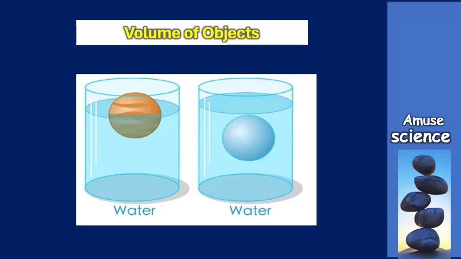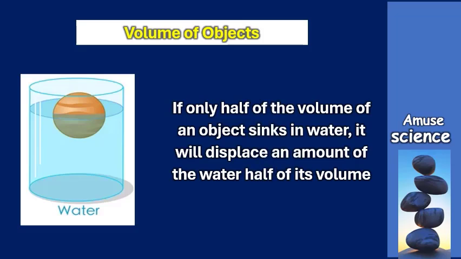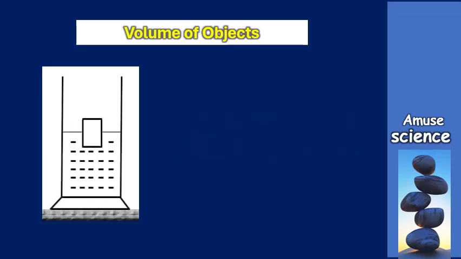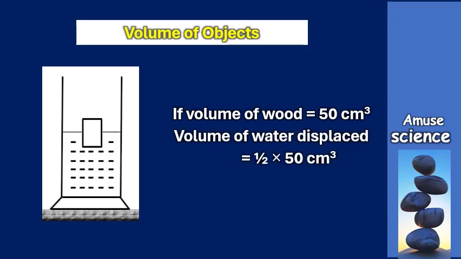For example, if the volume of a piece of wood is, say, 50 cubic centimeters, and after putting it in a bowl of water, half of its volume is immersed in the liquid, it means that the volume of water that will be displaced will be half of the volume of the wood, which in this case is going to be 25 cubic centimeters.